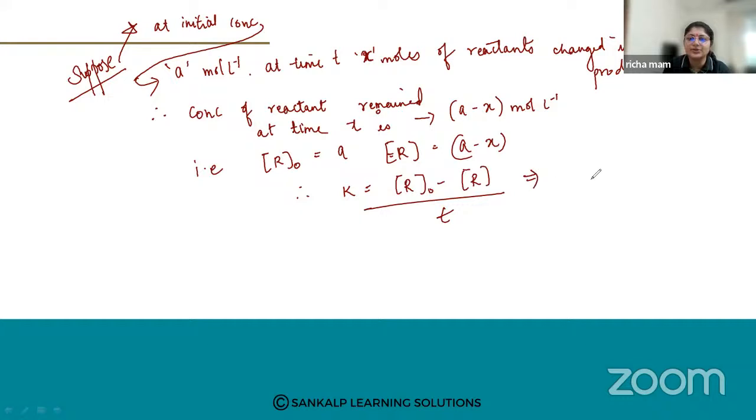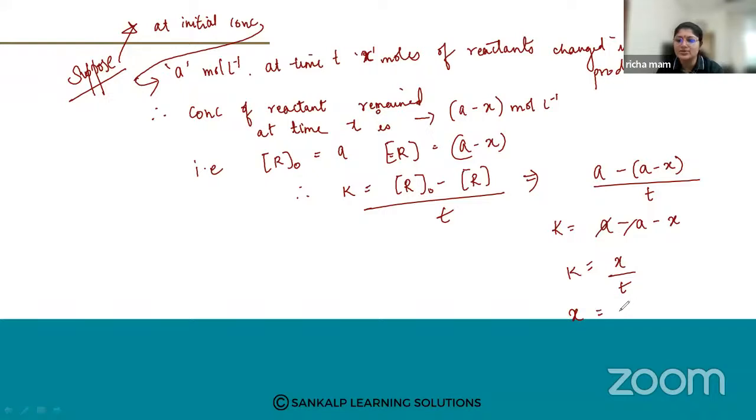Substituting, R naught is A, and R is A minus X, by t. So A minus A cancels, and K is equal to X by t, or X is equal to K into t.